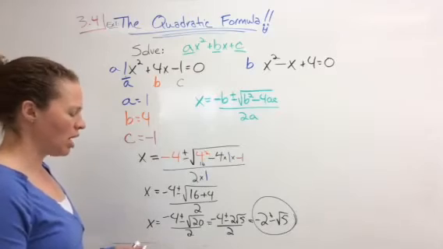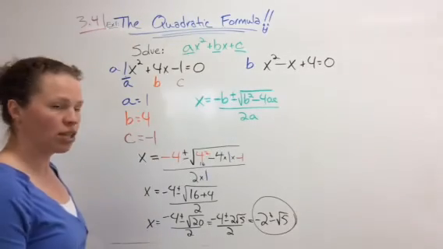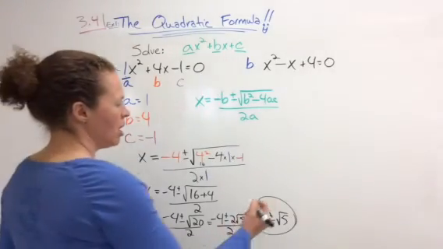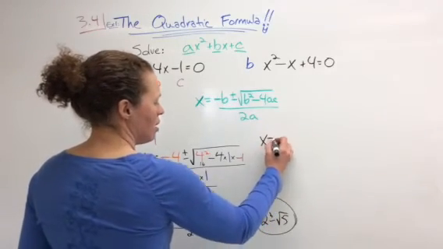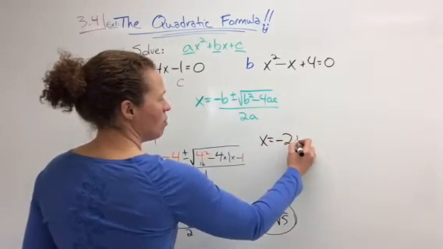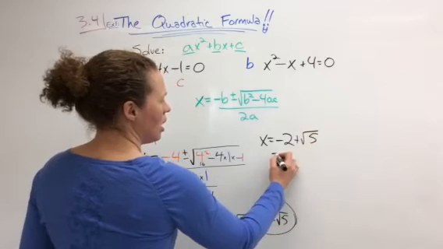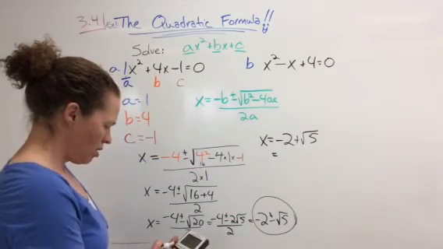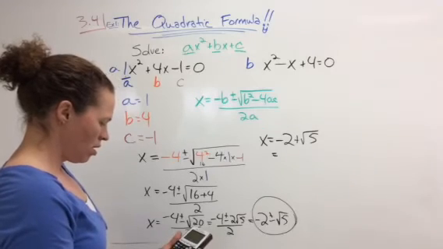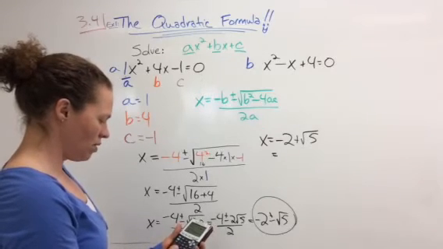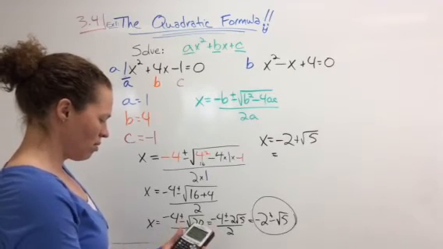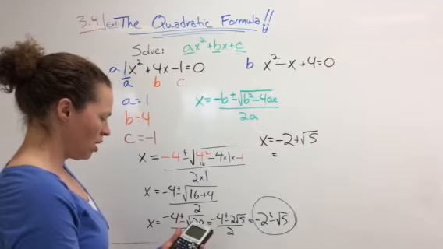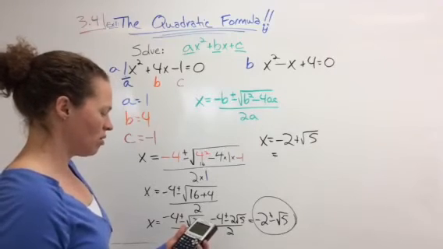If I wanted to actually use my calculator to figure out what those are, then I would write x equals negative 2 plus root 5, and I would type in negative 2 plus root 5, and the answer is 0.236.